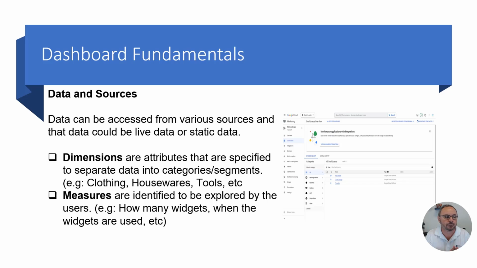So measures are really identified to be explored by the user. This is how many widgets, when the widgets are used, what time they may have been bought. Again, dimensions and measures can be confusing, so we want to make sure we grasp the concept, the similarities, and the differences as well.